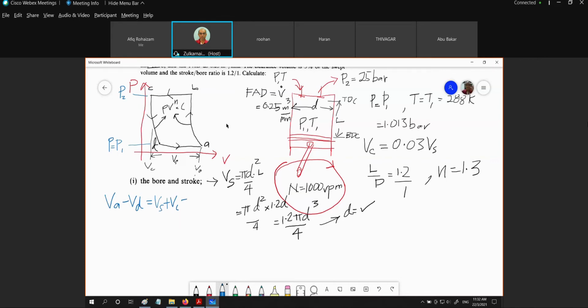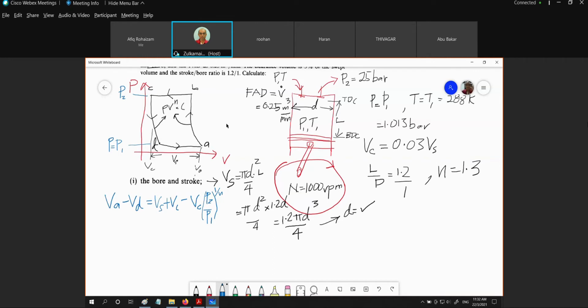We use the relationship between C and D. I've shown before how we get the VD. It is basically to look at the process of C to D using the polytropic relationship between point C and point D. So we will get VD equals VC times P2 over P1 to the power of 1 over n. Okay?